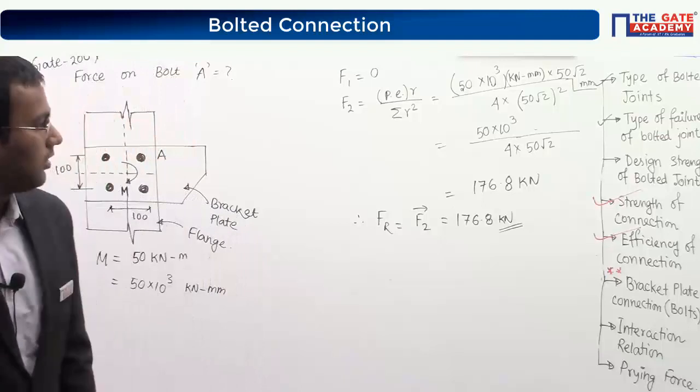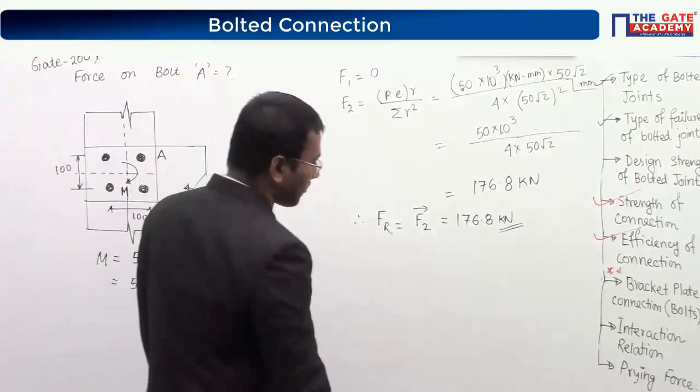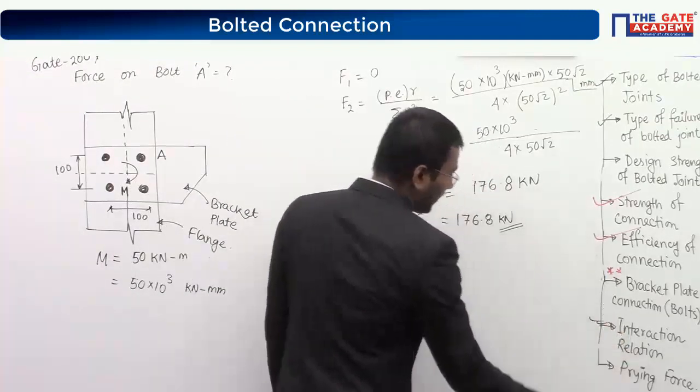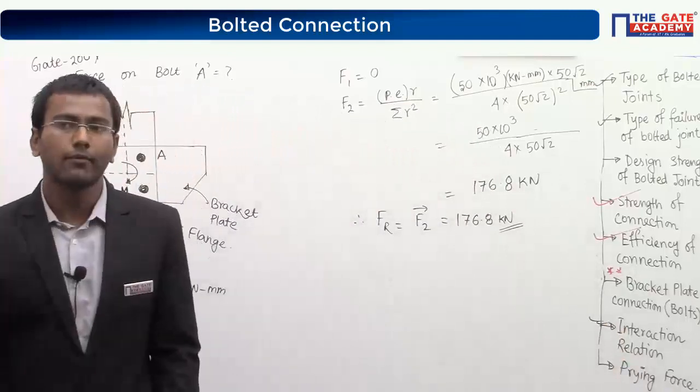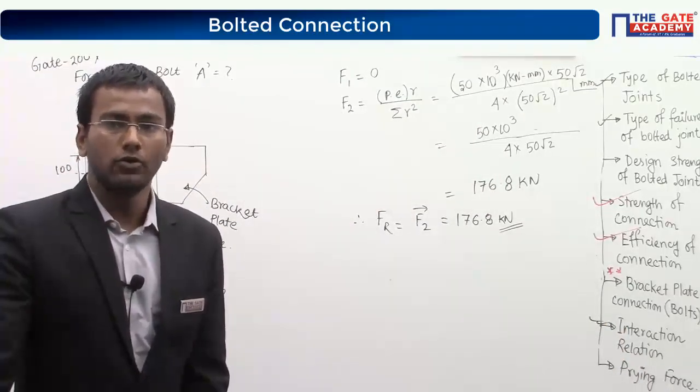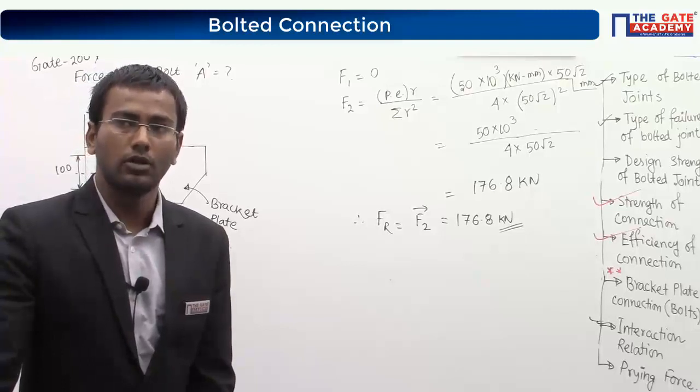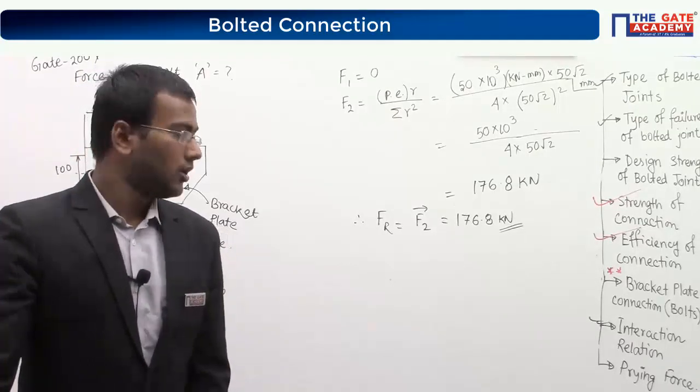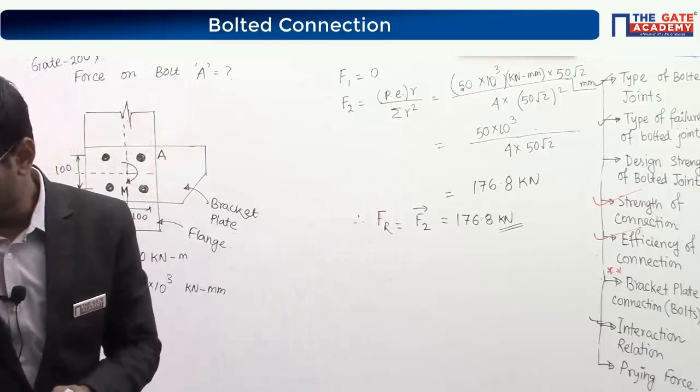Now let's move forward to the last topic of bearing type of bolts, interaction relation. Prying force is actually not for bearing type of bolt, it is for HSFG bolt. So write down interaction relation.